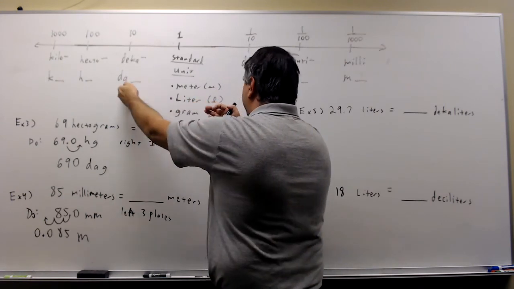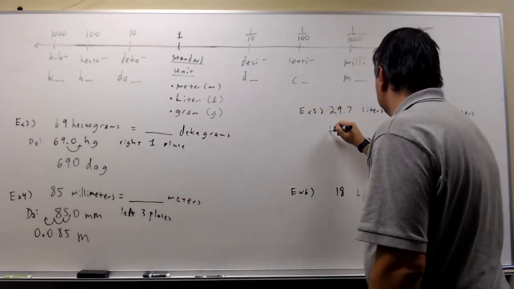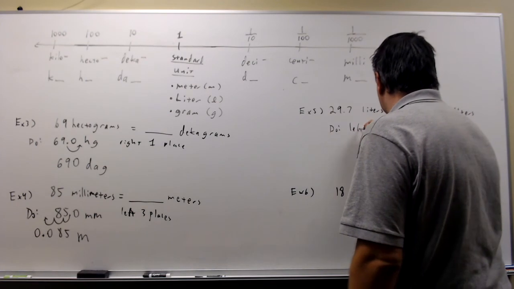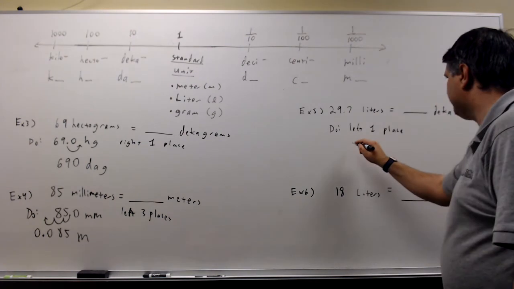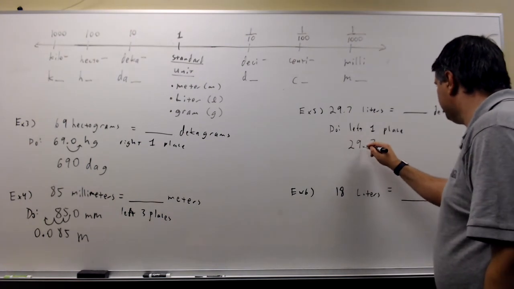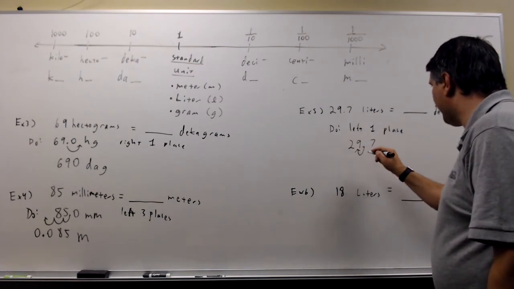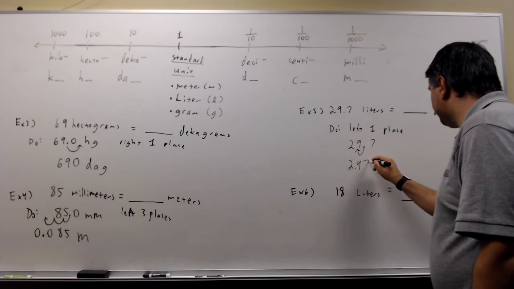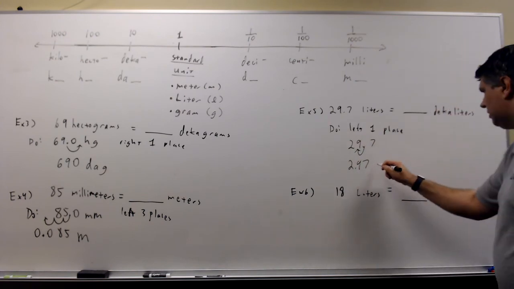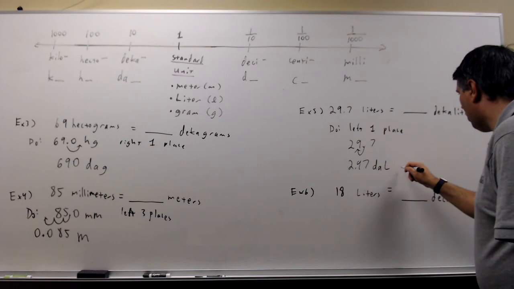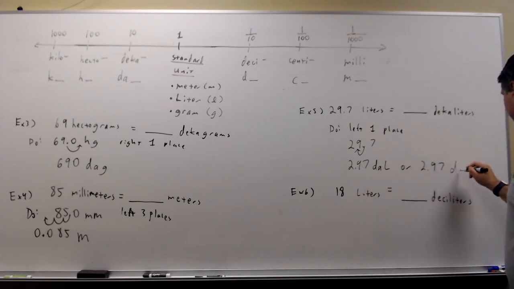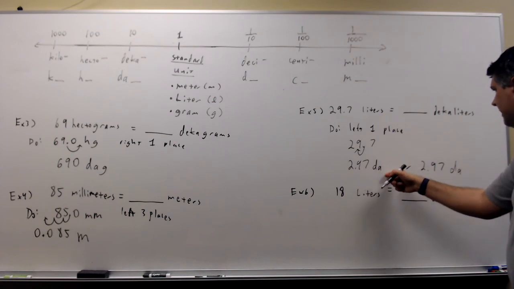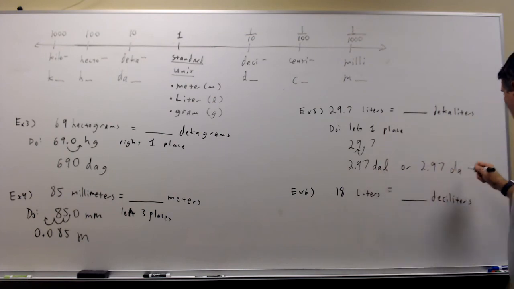That is left 1 place. Left 1 place. So I have 29.7. I'm going left 1 place, so that's 2.97 decaliters, DAL, or 2.97 DA. I could have used the lowercase version or the uppercase version.